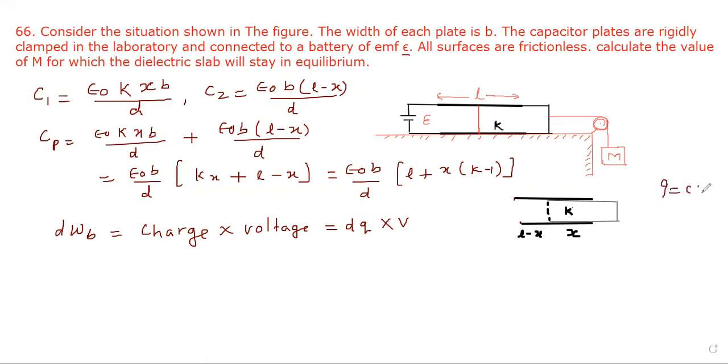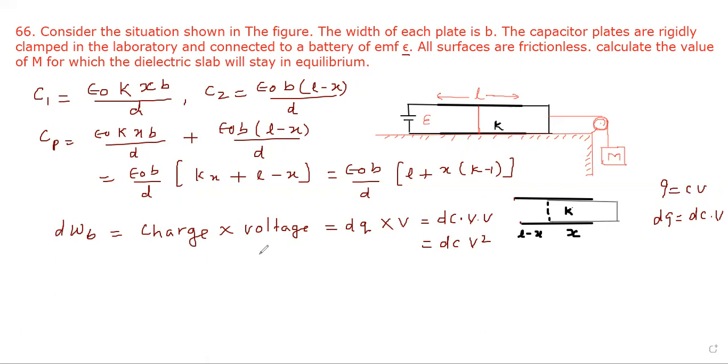So dq will be dC times V. So dC times V times V, that is dC V squared.